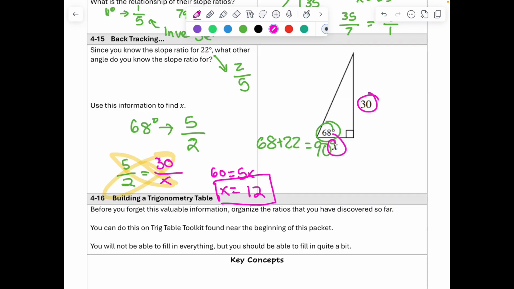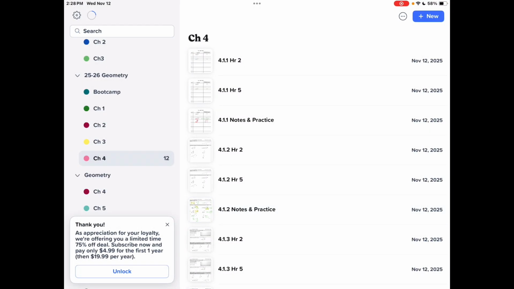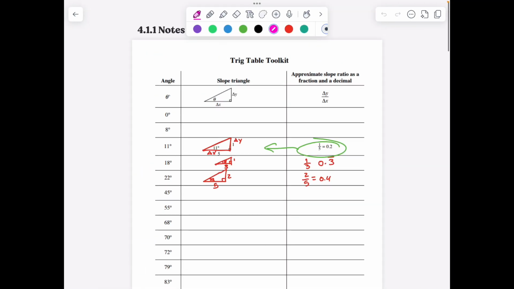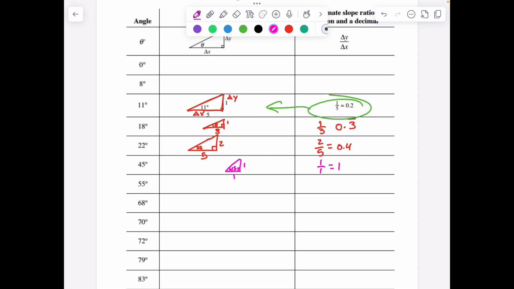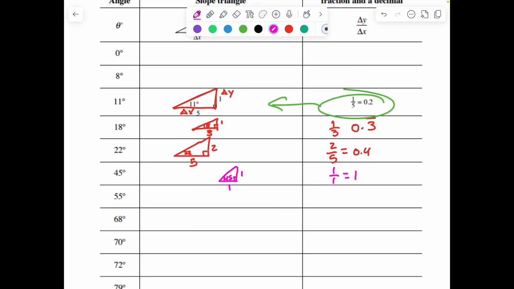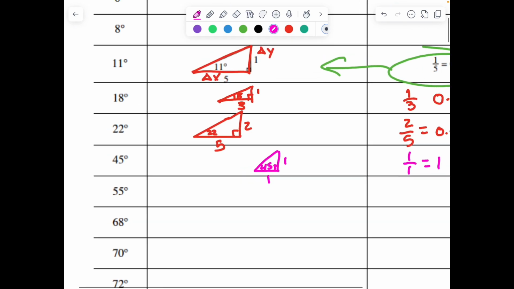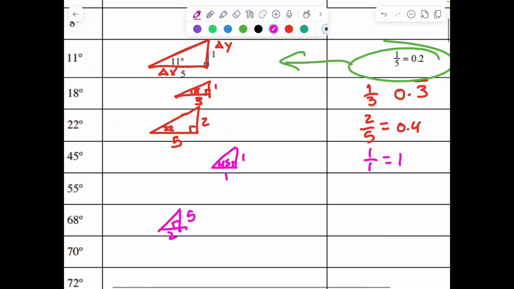So we're going to go ahead and add these to our toolkit. All the ones that we've learned. So I'm going to go back to the notes where I have my toolkit. We did 45 degrees. That's a 1 over 1 ratio. We did 68 because that and 22 are inverse ratios. So that's 2 and 5. 5 over 2, which is 2.5.